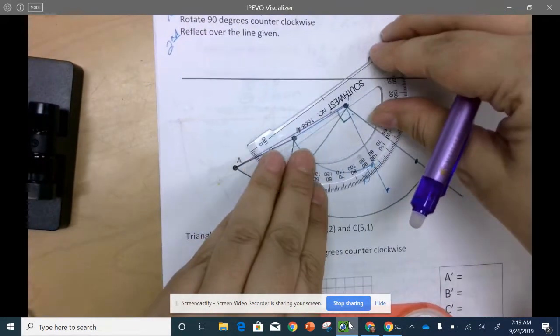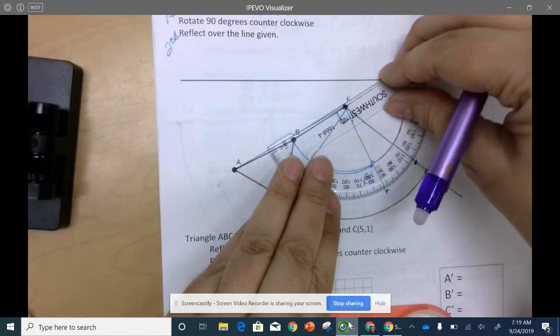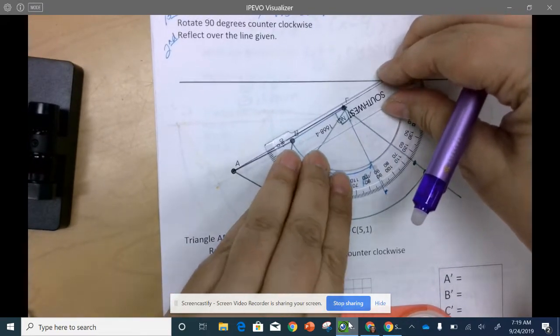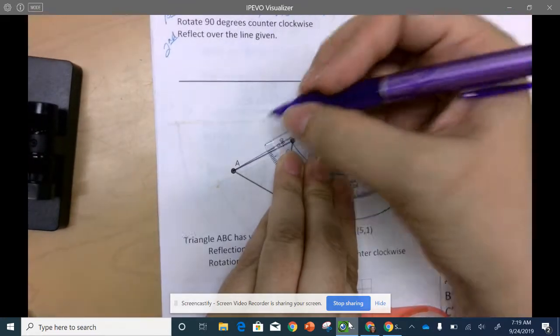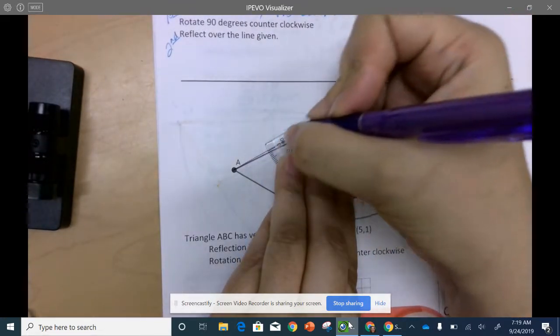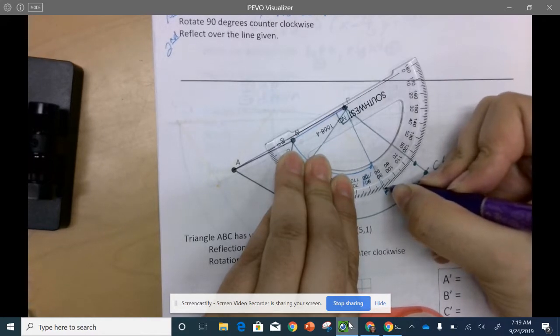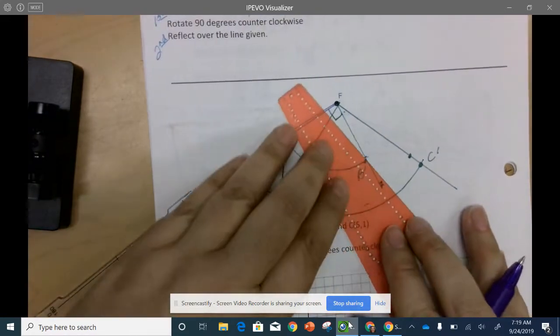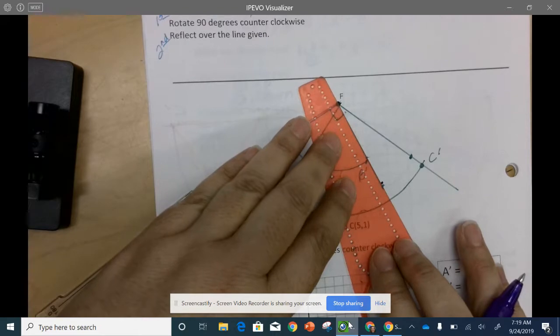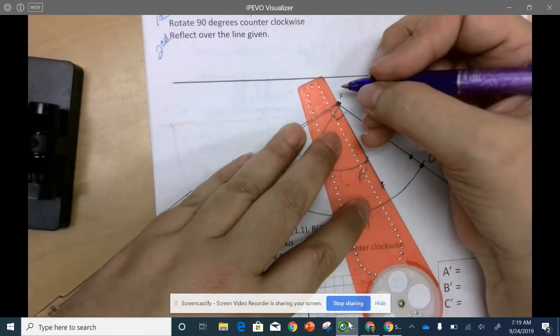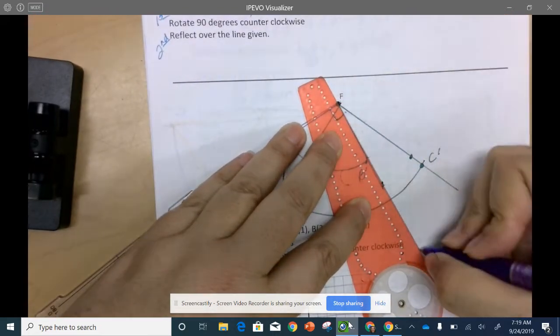I go ahead and measure. Remember, put the center of the protractor on here, line it up with the segment FA, and then we go ahead and mark where 90 degrees is. Remember with this one, it's further away, so I want to draw my segment further.